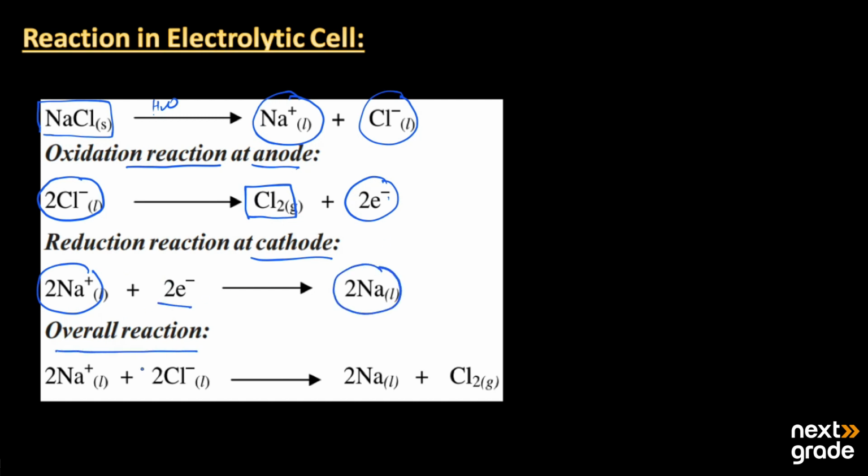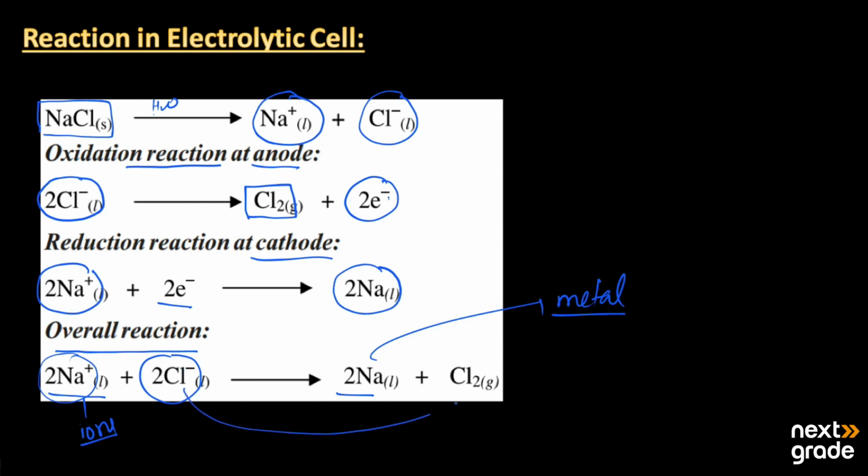So for the overall process of this reaction, we have sodium in the positive state and chlorine in the negative state. Now the sodium changes into sodium metal by gaining an electron, as it was in the form of ions. On the other hand, the chlorine, which was present in the negative form, will lose electrons, and two chlorine atoms will combine with one another and change into chlorine gas and escape.